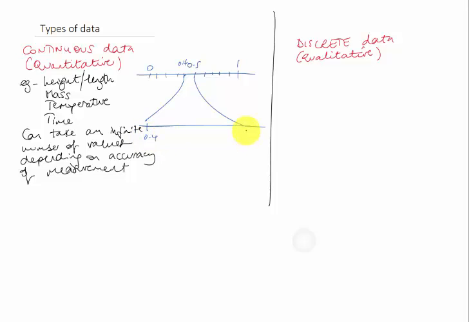So this is 0.4, 0.5. Now we're zooming in, and you've got 0.45. We can zoom in on that, and we can do that forever, each time getting more and more precise. And so between any two measurements at this scale, there are more measurements that we can measure more precisely in between them. So that's what I mean by continuous data.